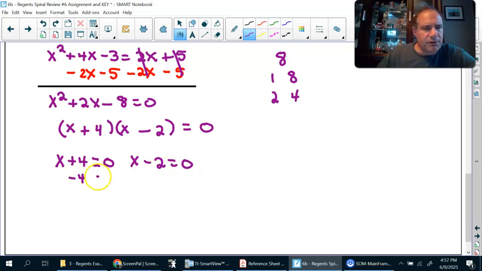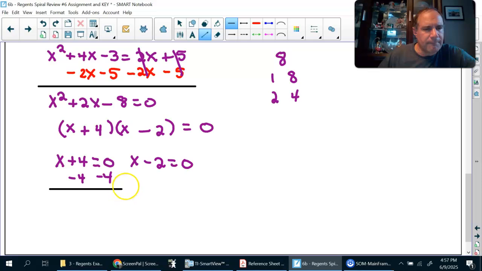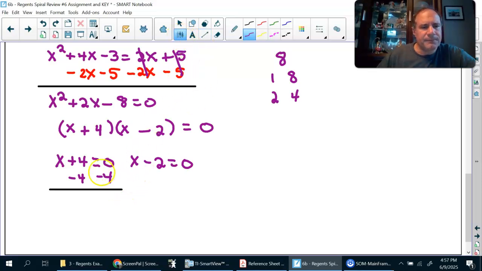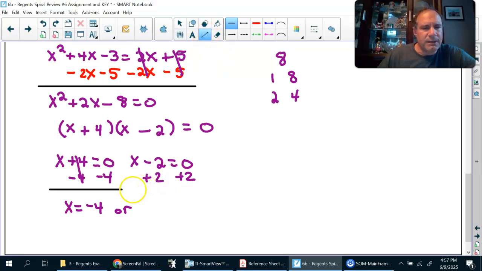You subtract 4 on both sides, and you will get x equals negative 4, or plus 2 on both sides, and we are going to get x equals 2.